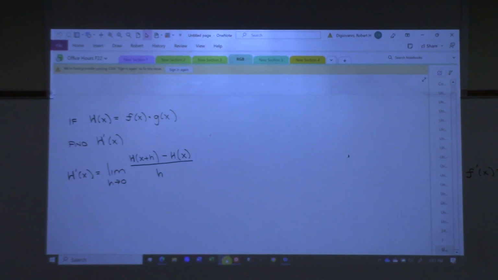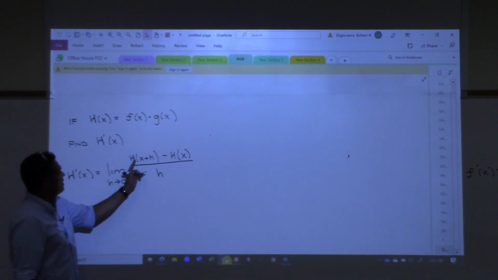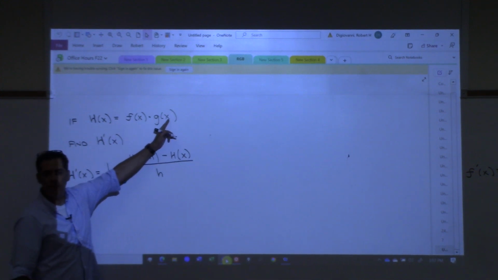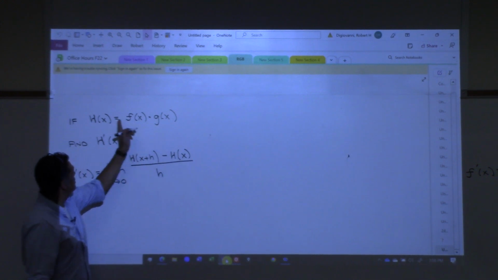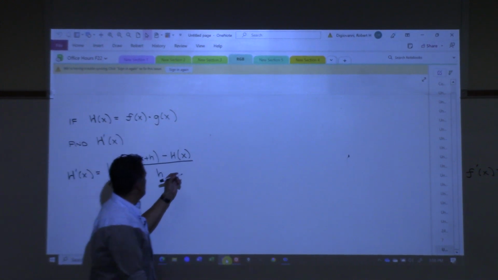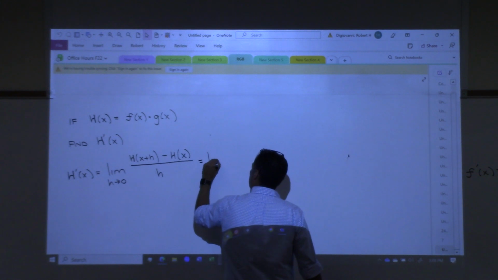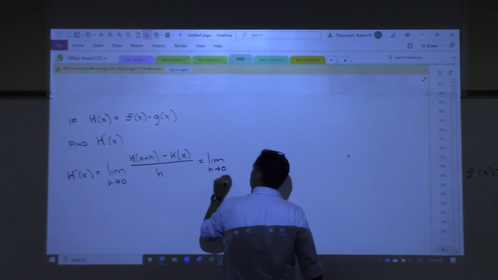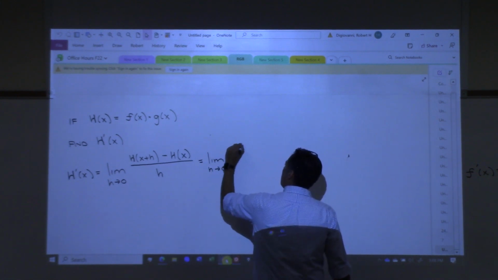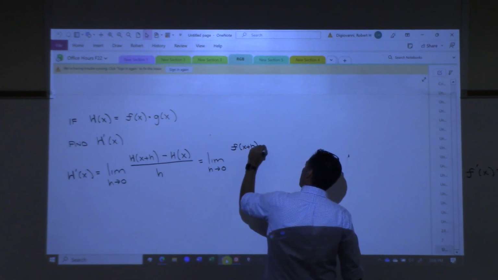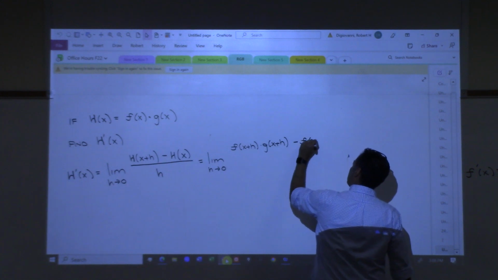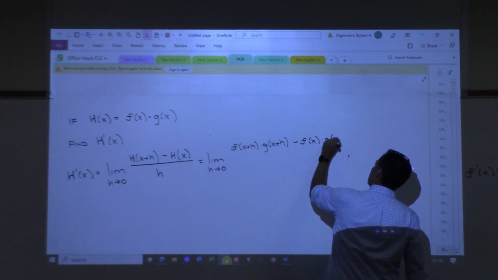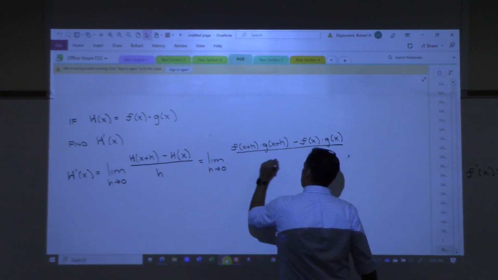What happens if you plug x plus h into capital H? Well, that means I'd have to plug it in here and here, and then if I plug x into this, I just get those two. So let me write that down. Limit as little h goes to 0 of f of x plus h times g of x plus h minus f of x times g of x, all over h.